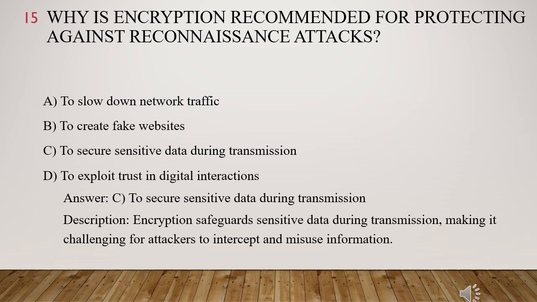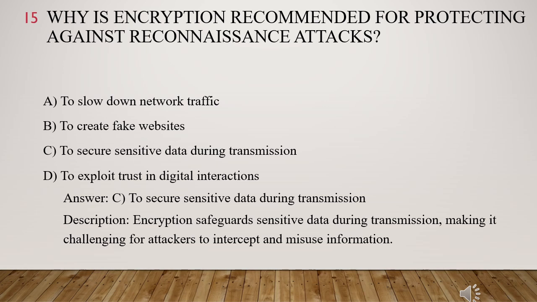Here's why the other options are not directly related to encryption's role in reconnaissance protection. Slow down network traffic. While encryption might have a slight overhead on processing power, its primary purpose is not to hinder network speed. In fact, some encryption algorithms are specifically designed for efficiency. Create fake websites.